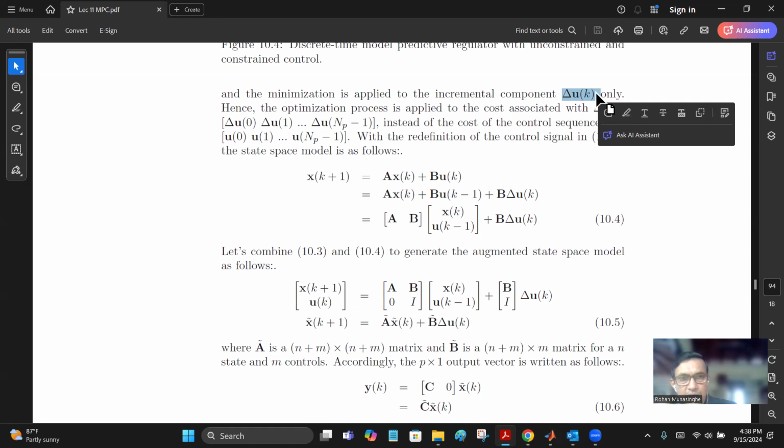But in this particular case, if you look at the objective function, it's a quadratic function, which means squares. So squares cannot be negative. Squares are positive, right? Higher the squares, higher the cost. Lower the squares, lower the cost.